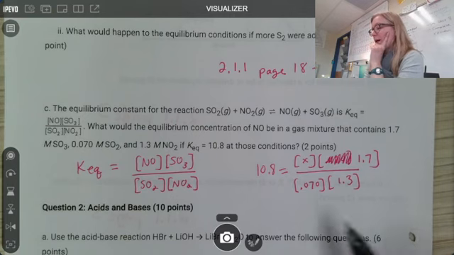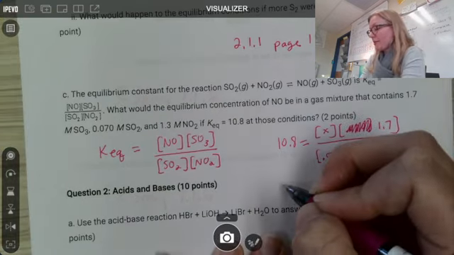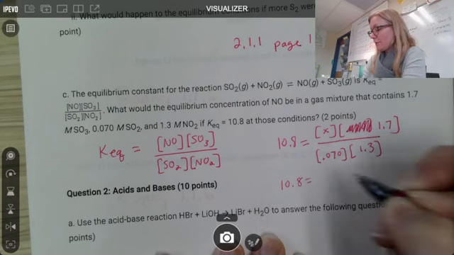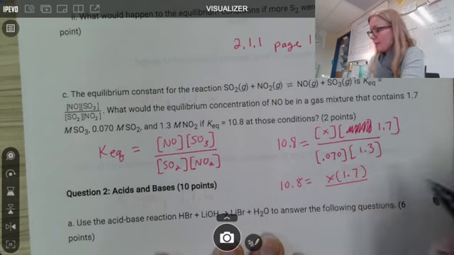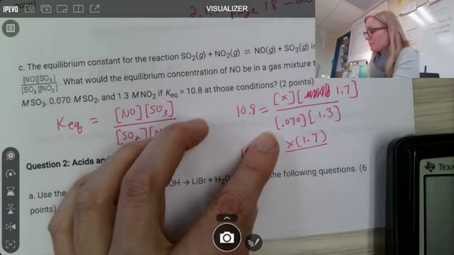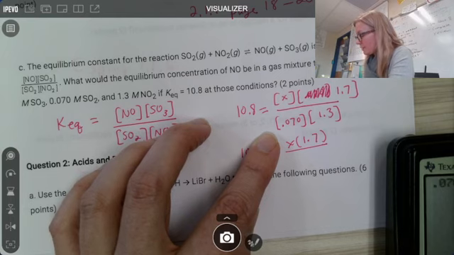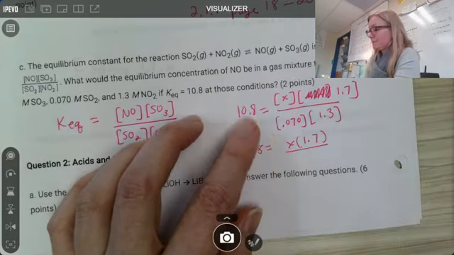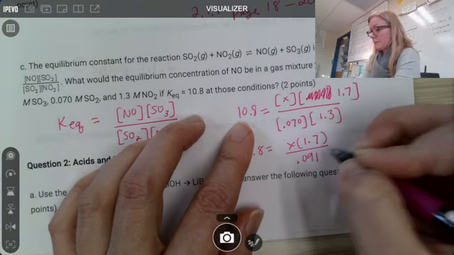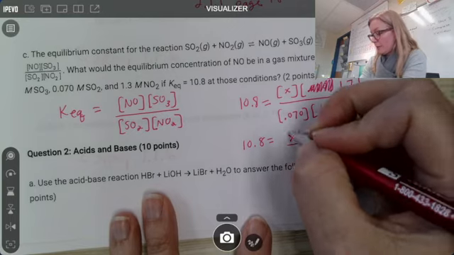So what they want you to do is solve for the unknown. The way I would solve this is I would do 10.8 equals X times 1.7, and then I would simplify the denominator, 0.070 times 1.3, and you get 0.091. And then to solve for X, I would multiply both sides by 0.091.